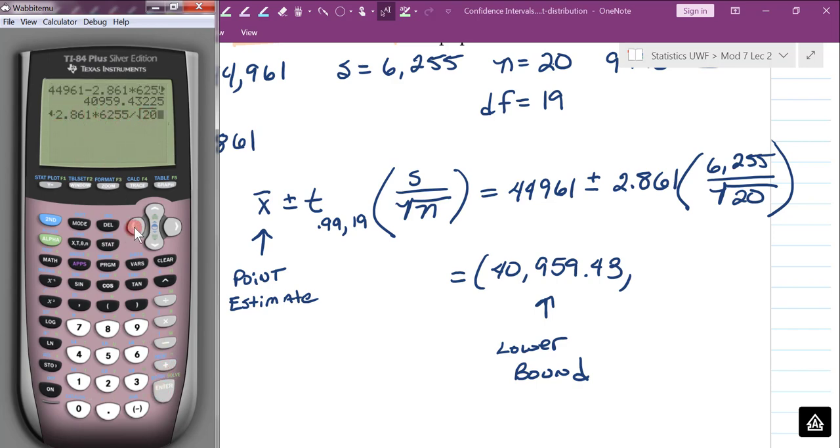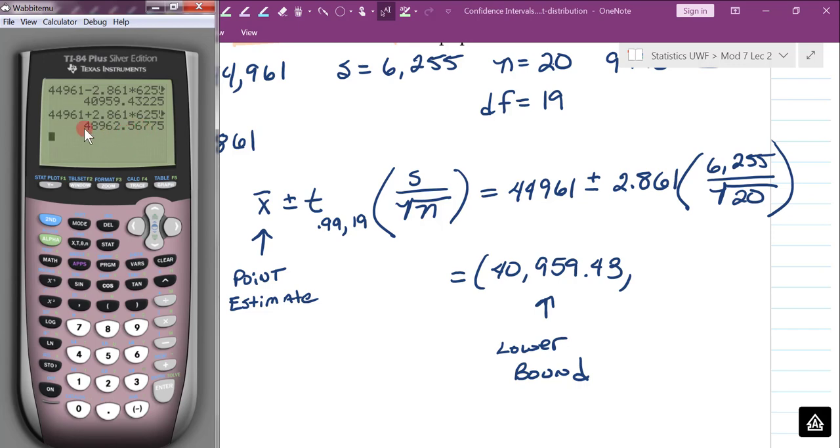So now we're going to scroll to the left until we get to the subtraction sign. Once we get to the subtraction sign, see it's highlighted and blinking, we're going to change that to addition, and we're just going to hit enter. And now our upper bound is $48,962.57.